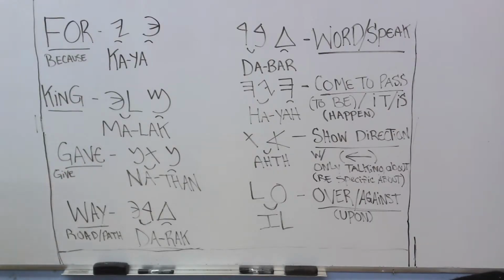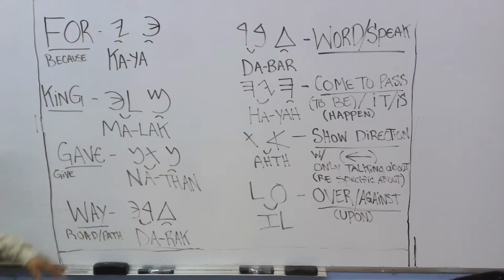Last but not least on this board, we have the word way, which is the word darak. The word darak is also used as road or path. How they say which way is it, meaning which street, which road, which path is it.